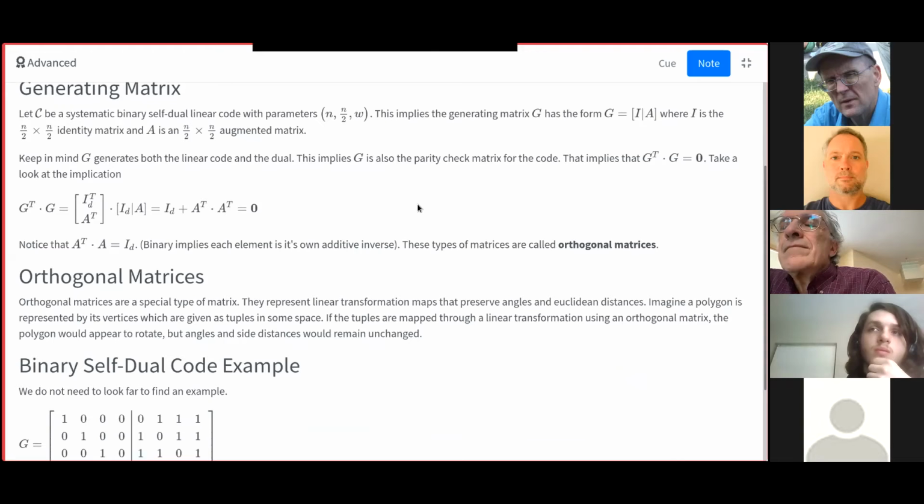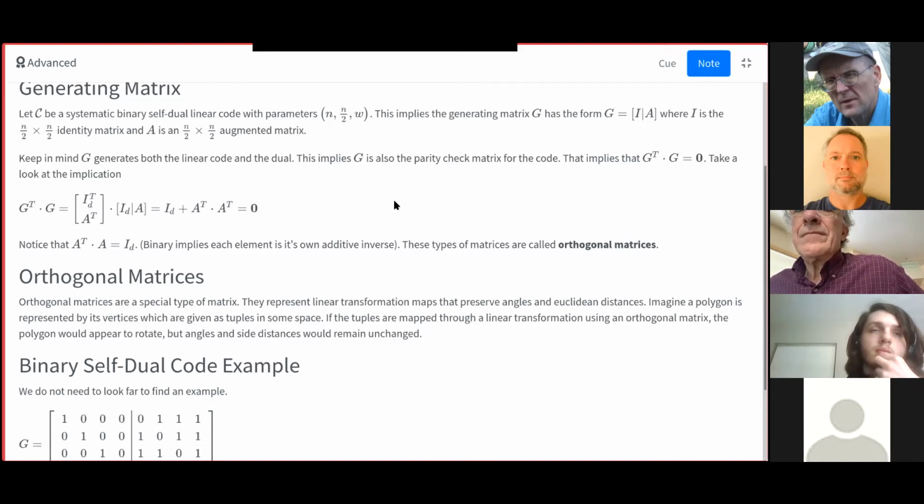So if you multiply G, of course, you have to go through the transpose to make sure it works out. You multiply it together. The right-hand side where my mouse is, you'll find out that the identity plus the transpose of A and the transpose of A, and this is the binary case, by the way, must be 0. This implies that the transpose of A times A has to be the identity matrix.